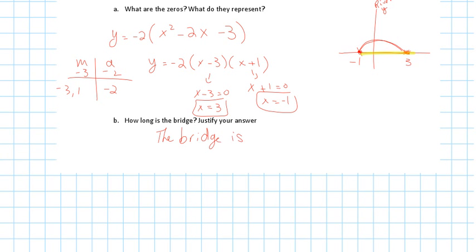From -1 to 0 is 1 meter, and then from here to here is 3. 3 and 1, that's 4. It's a total distance. Remember, negative doesn't mean anything negative. All it means is to the left of the river or to the right of the river.